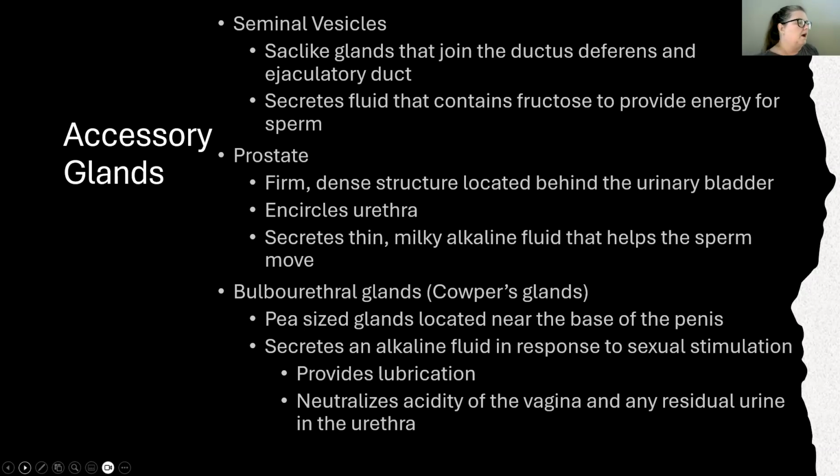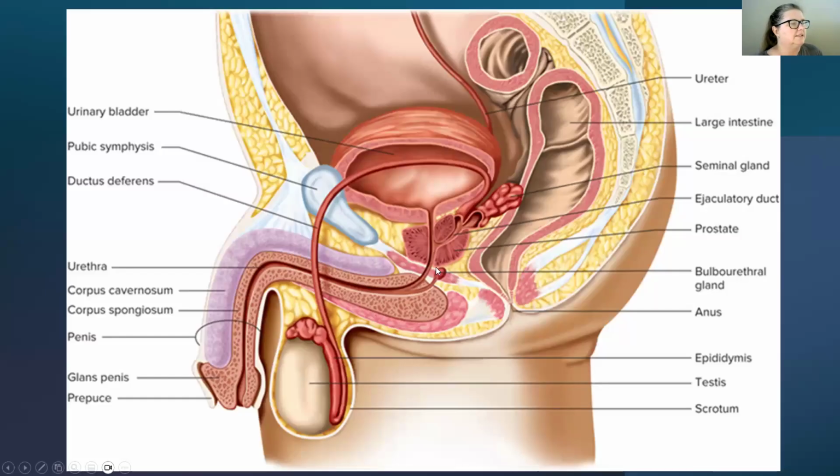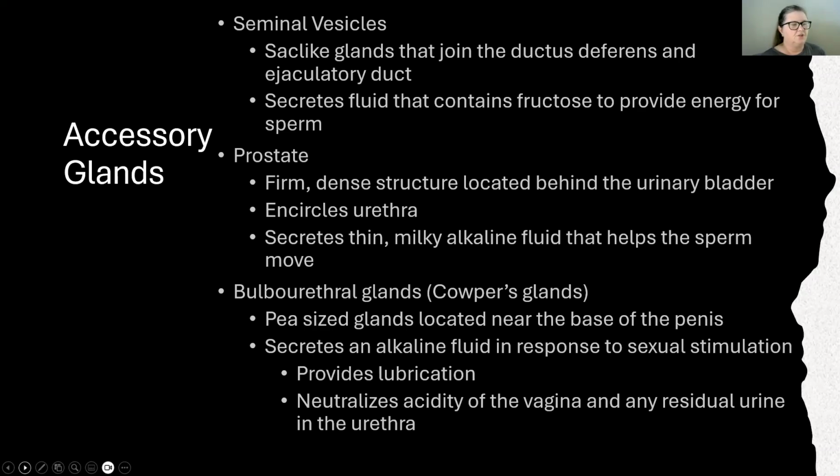Okay. The bulbourethral gland, or what some might call the Cowper's gland, is a pea-sized gland, and that was that second little one. Let's go back real quick. That's this guy right here. That secretes an alkaline fluid too in response to sexual stimulation.